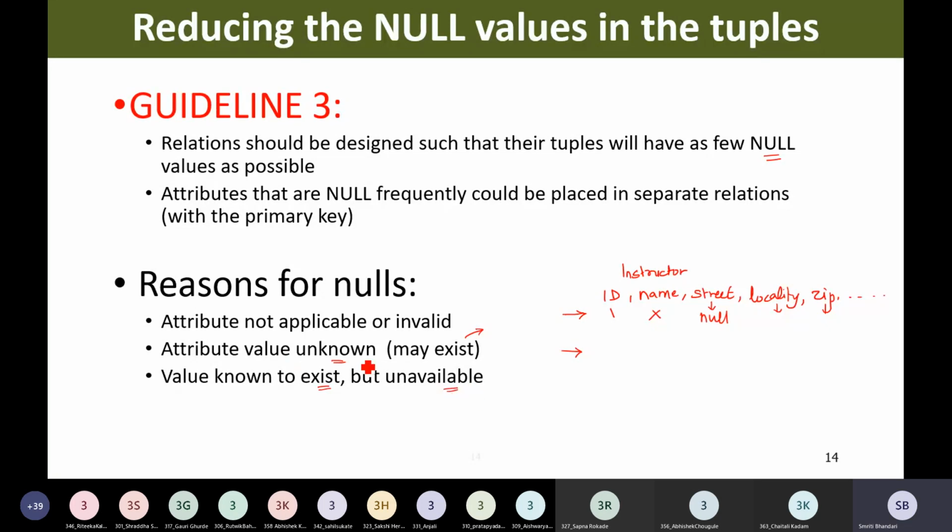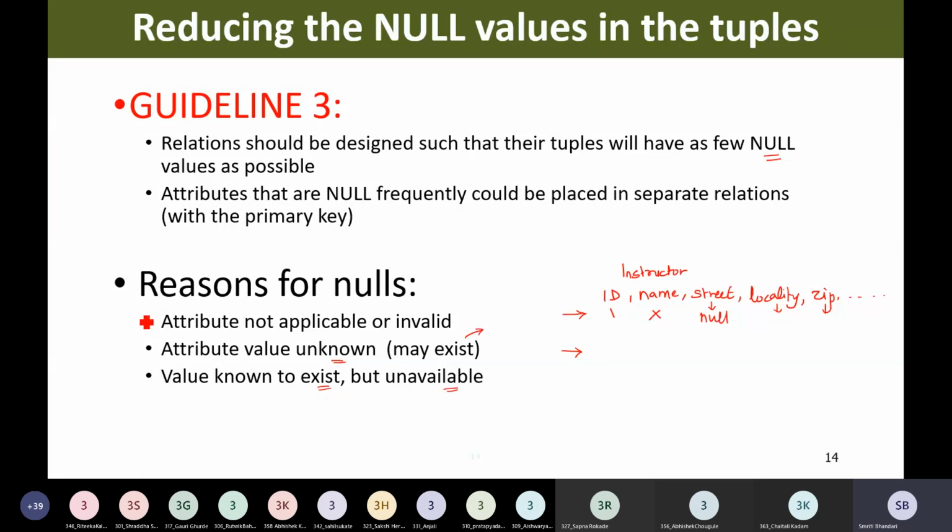Here, value is unknown at the time of inserting the data, and that may exist. We are not sure whether it exists or not. But at the time of inserting the data, that value is unknown. Here, the value is unavailable, not known while inputting the data, but we know for sure that that value is existing, and after some time, we may get that value. So these are the possible reasons for having the null values.